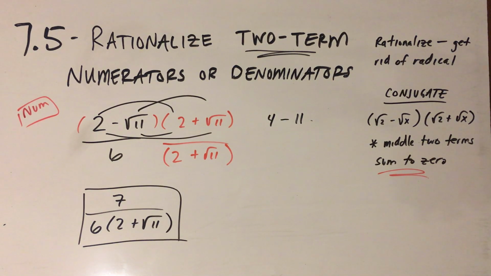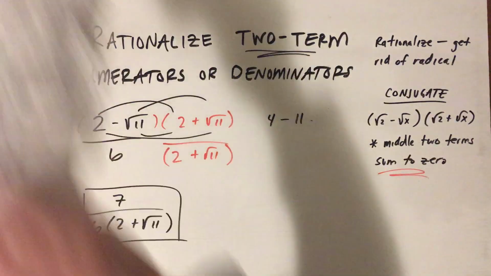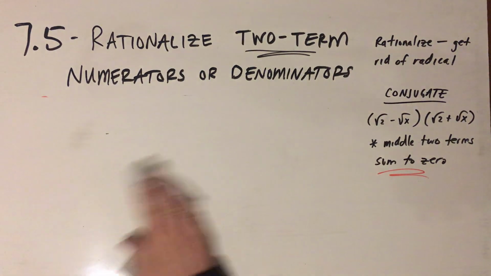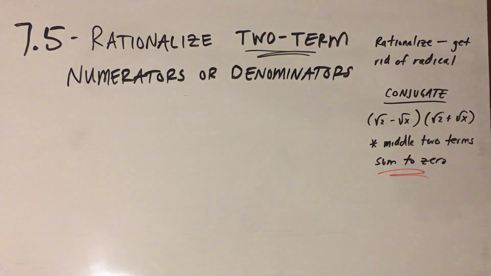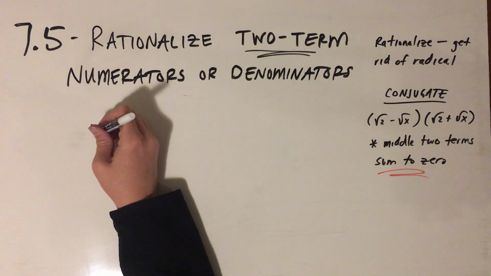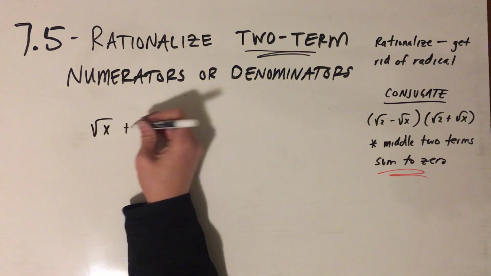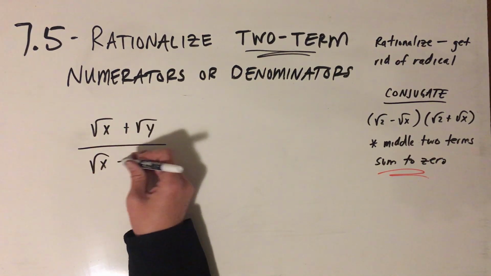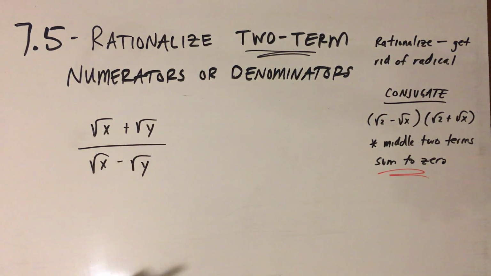That's not too complicated. I want to do one more where we're rationalizing the numerator, but with a little bit of a tricky term here. So we want to rationalize this numerator. Again, all I care about is getting the radical out of the numerator.